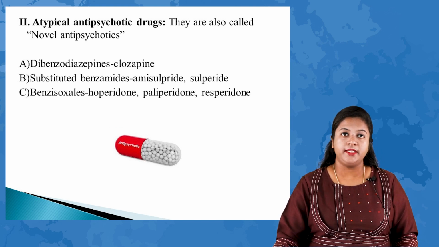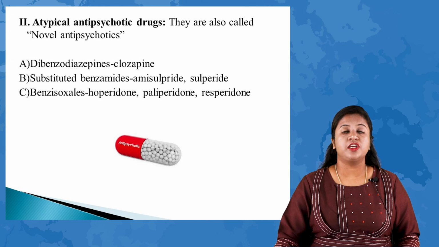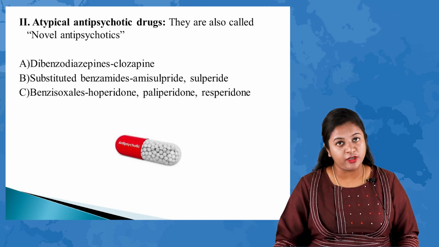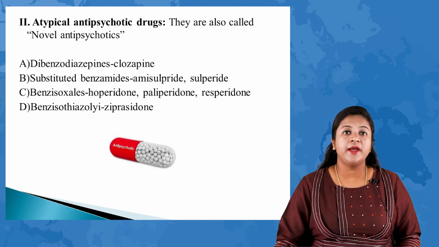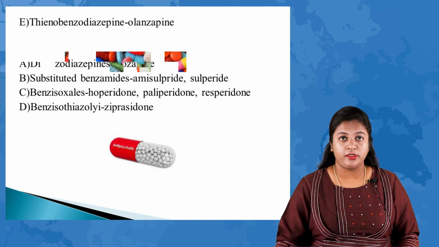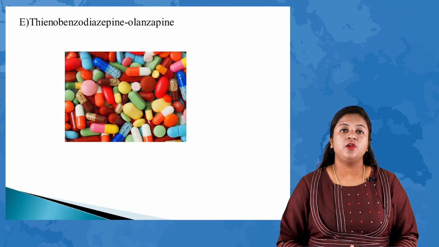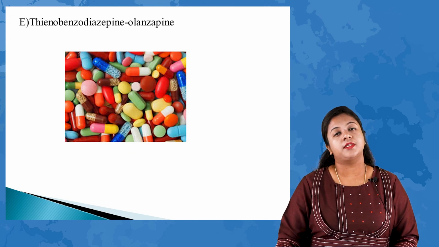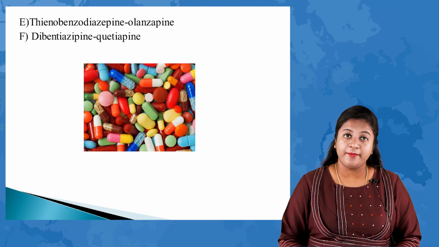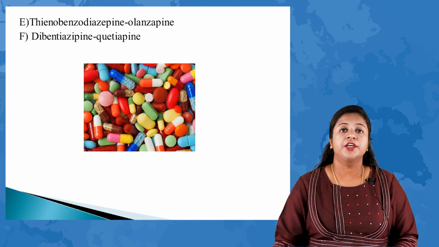The third one is the benzisoxazoles, which includes the examples of paliperidone and risperidone. Benzisothiazole, example ziprasidone. The next one is thienobenzodiazepine, example olanzapine. The next one is dibenzothiazepine, example quetiapine.